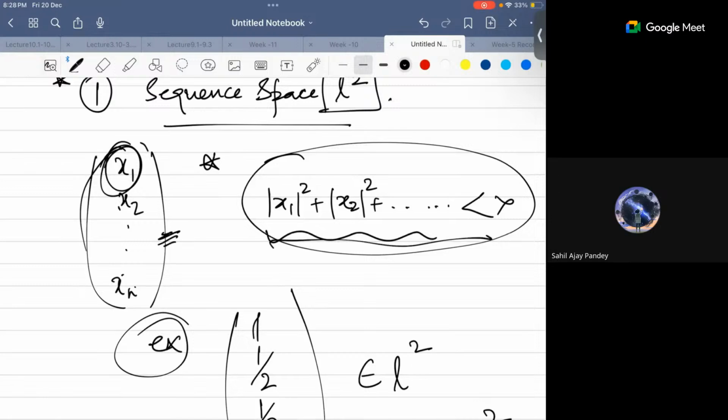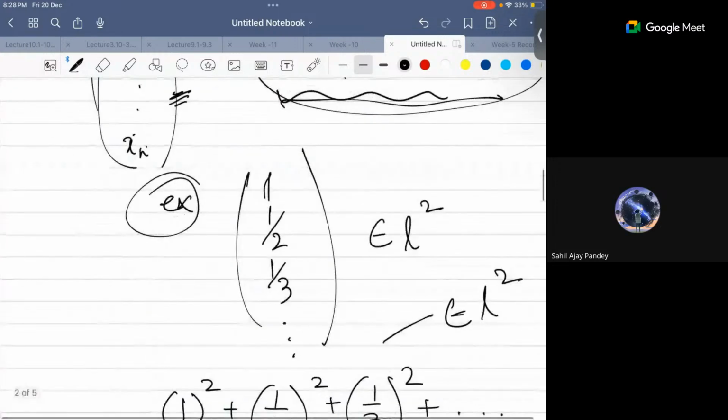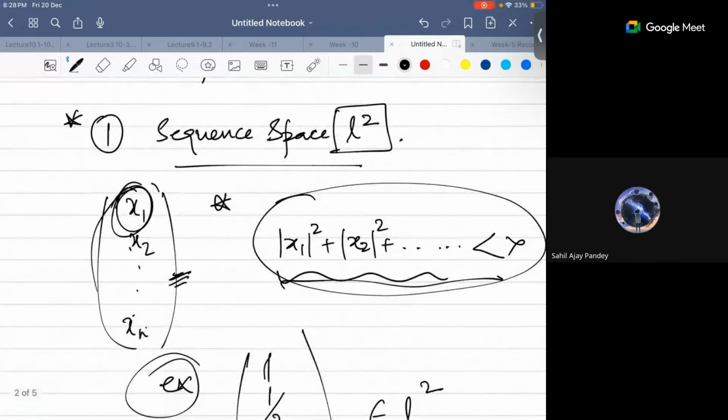If you are able to get a finite value, less than infinity, then you can directly say that the given sequence belongs to L2. So this type of problem can be asked.